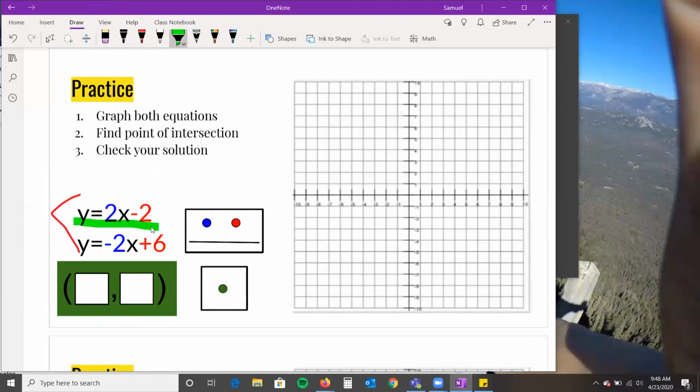Go ahead and answer in the chat. What part of that equation is the slope? What part of that is the y-intercept?